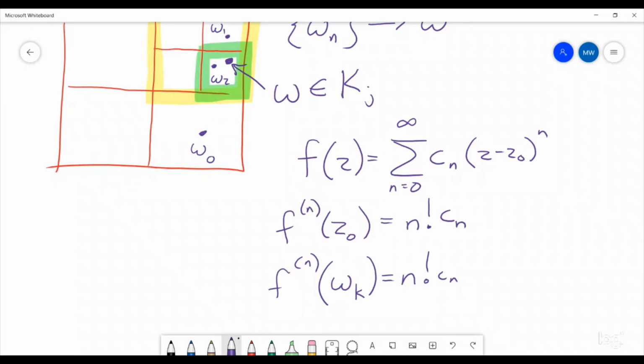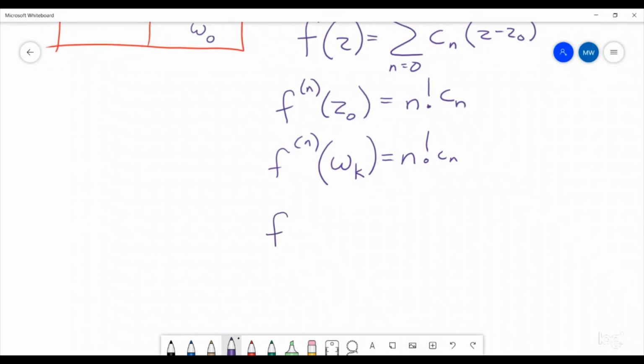And so that tells us that by the identity theorem, this function has to be constant on that entire space, on all of C. So that means that for everything, the nth derivative is constant, which means that if we look at the (n plus 1)th derivative anywhere, that has to be identically 0. And the only functions that do that are polynomials. So we just showed that f had to be a polynomial.